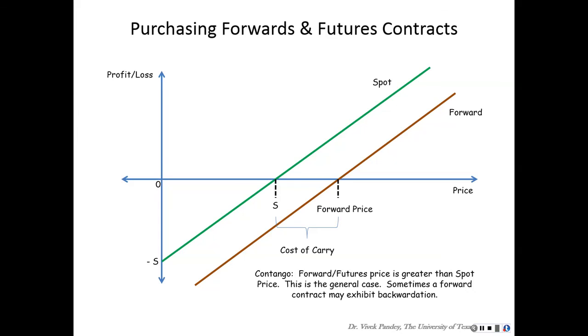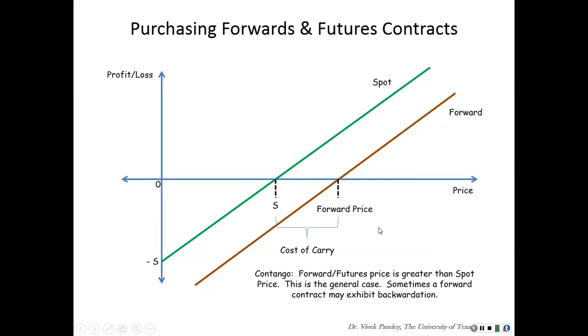Also, there's interest cost involved, because if you buy it now, you have to spend the money right now. But if you buy it in the future at the price that's agreed upon right now, then you can save the interest on that money. And that's why the forward price is typically greater than the spot price, and that is called contango, right?